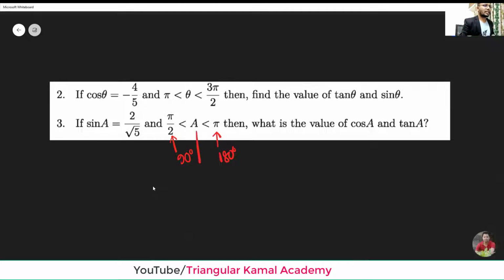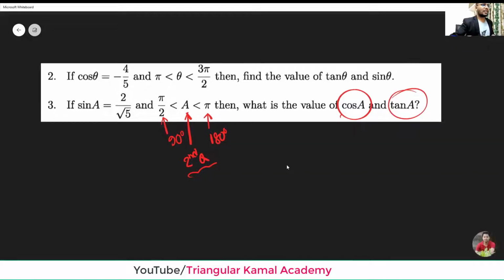So that means the angle stays in the second quadrant. The value of sine A is 2 by root over 5, given, and our requirement is to find the value of cos A and tan A.